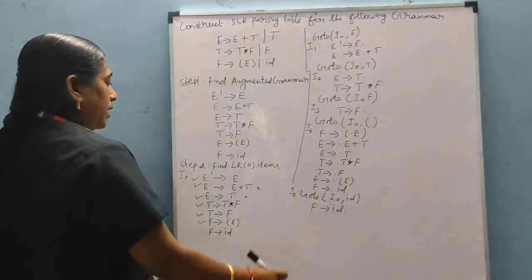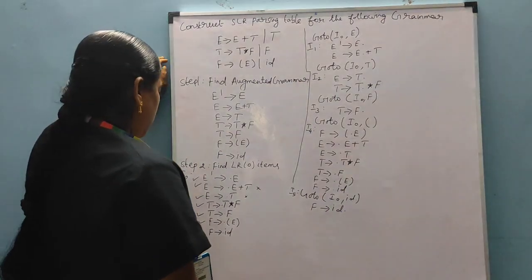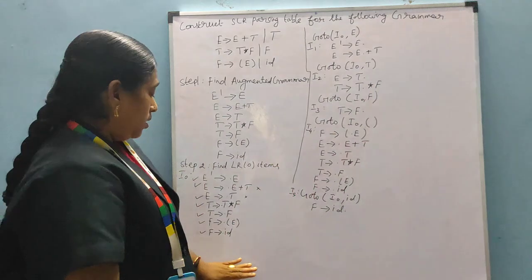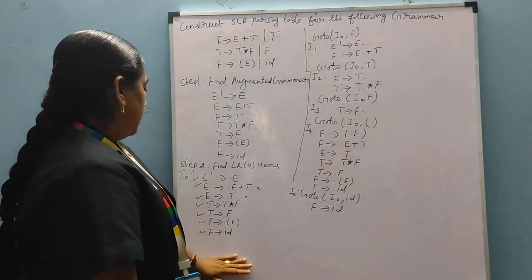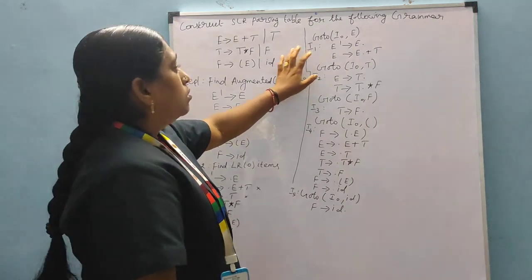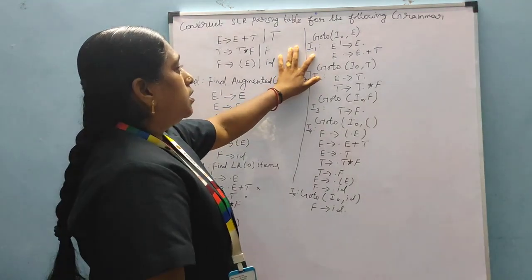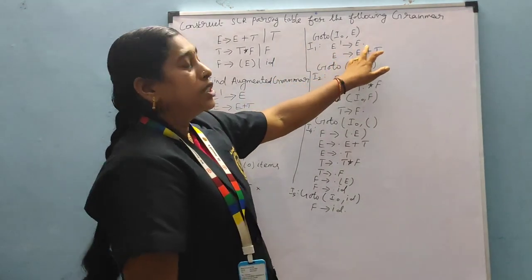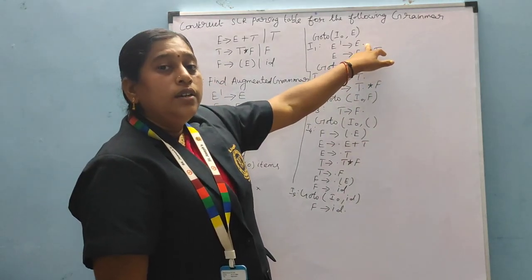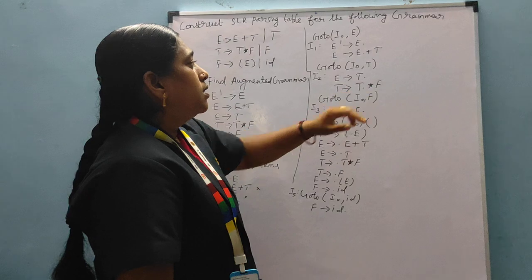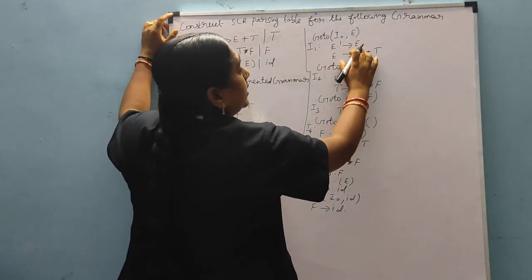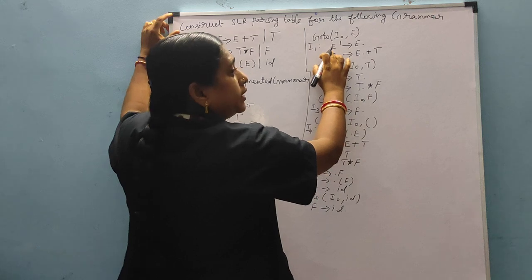Okay. After this, now you can check all the productions are completed at the I naught state. Isn't it? Yes. Then we can move to the I1 state. Okay. So in that I1 state, yes, the first production has reached the end. See, like this. The first production reached the end, in the sense this is an augmented grammar, right?